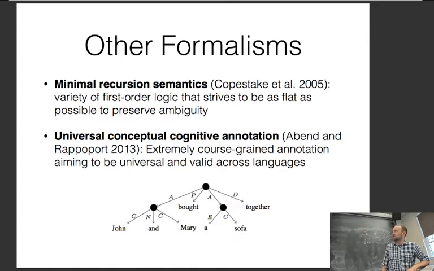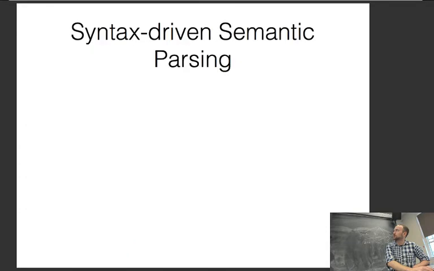And P, for example, is the predicate. A are actors in some way. And then D is a modifier and various things like that. Any questions about this?